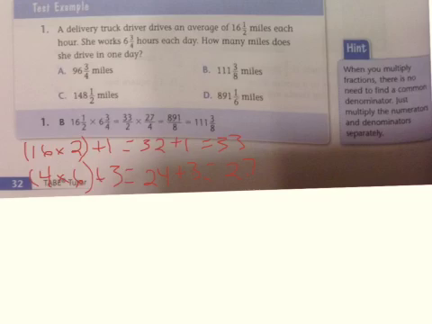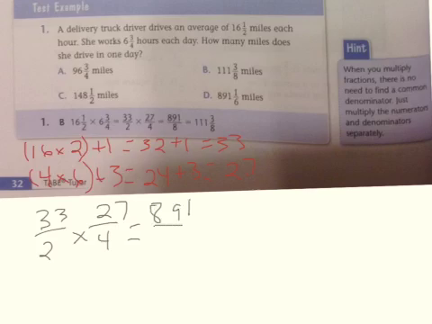So then we're going to rewrite our fractions: 33 over 2 times 27 over 4. And we're just going to multiply that out. 33 times 27 is going to be 891, and then 2 times 4 is 8.